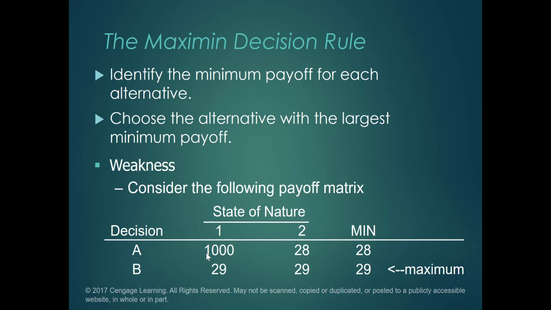The same way we consider the minimum of each alternative based on the maximin method, and then you see, for example, for alternative A, 28 is a minimum, 29 is a minimum, and when we pick this one, we are losing alternative A and the chance of getting $1,000 in alternative A. So you can see both of these methods have some shortcomings.